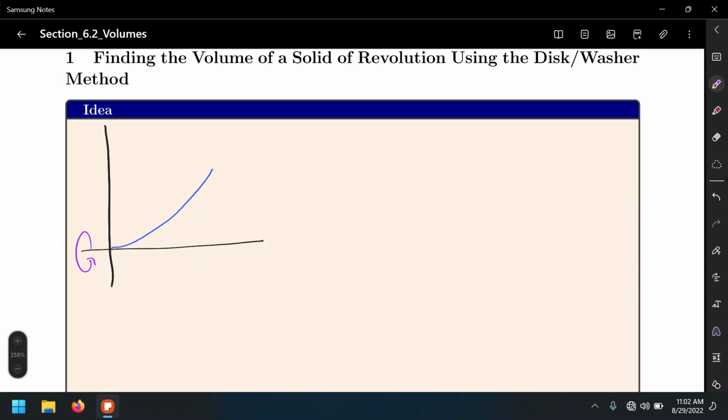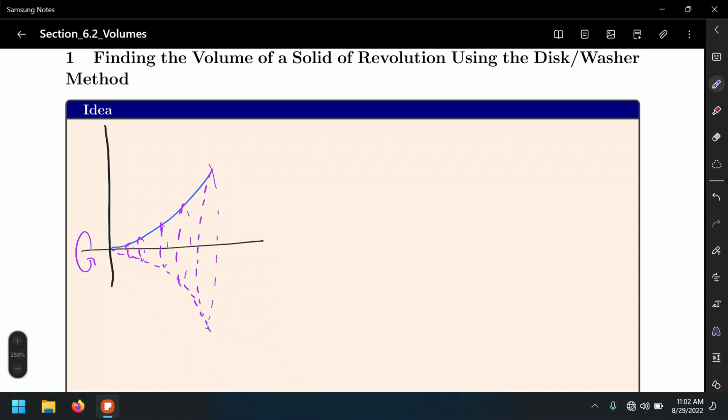But in this case, what we rotate is a function f of x. The end result is going to give us something reflected like this. Let's give this the character of a solid. These are not easy to draw, but I think you get the picture of how this is really a solid of rotation.